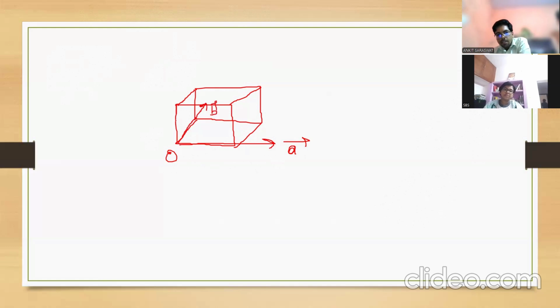Then the C vector is not perpendicular, it is flat, making a certain angle theta.